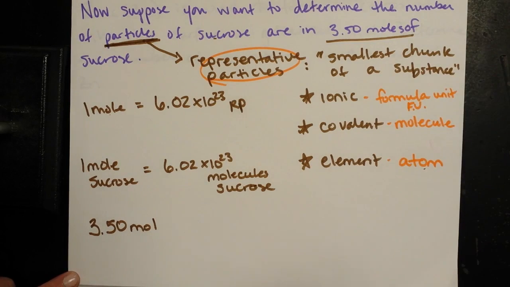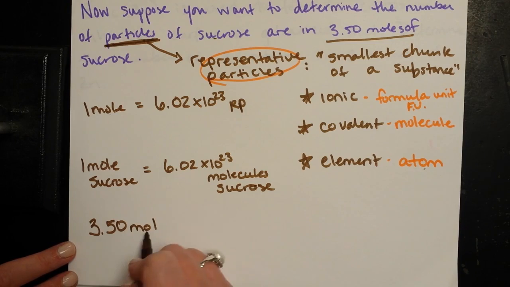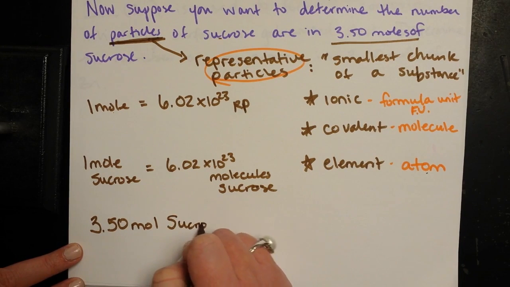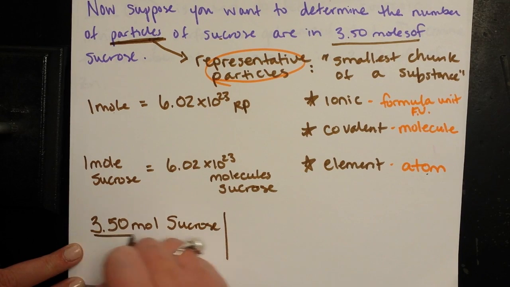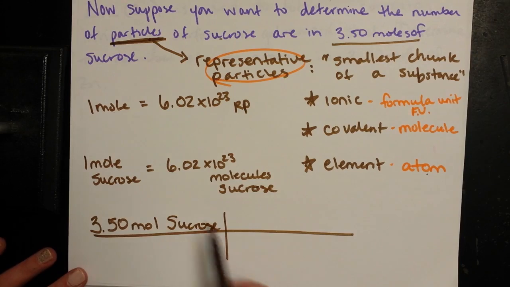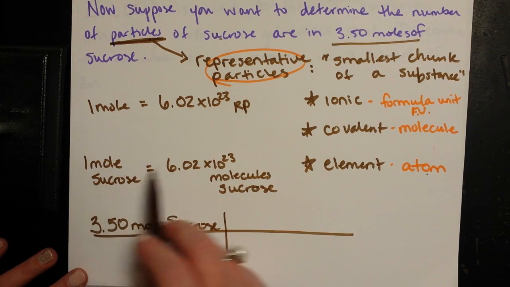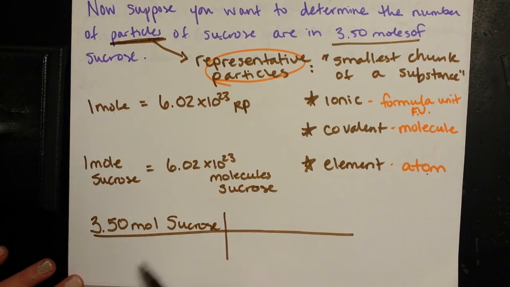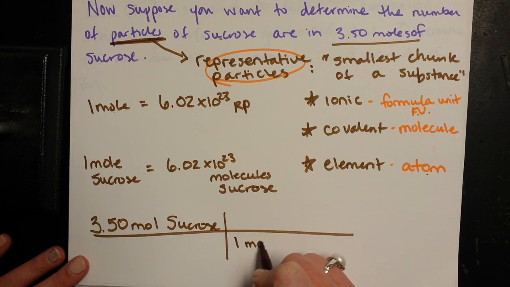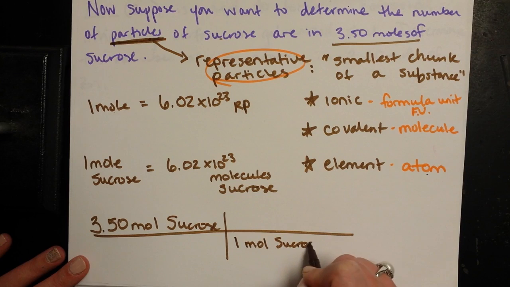So I've got 3.5 mol of sucrose, and I want to get out of moles of sucrose and into molecules of sucrose. Since 1 mole is Avogadro's number of representative particles, and I want to cancel out my moles, I can put 1 mole of sucrose on the bottom and Avogadro's number of sucrose on top.